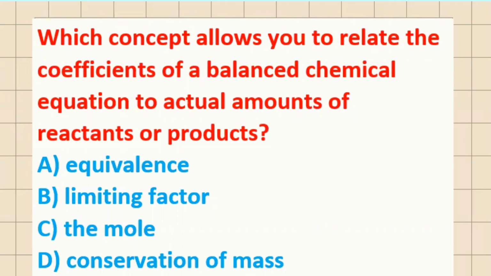We balance a chemical equation to obey the law of conservation of mass. How can we balance a chemical equation? By changing the coefficients of what? The reactants and products. Okay. Therefore, the coefficients of a balanced chemical equation to actual amounts of reactants or products are related by what? The law of conservation of mass.